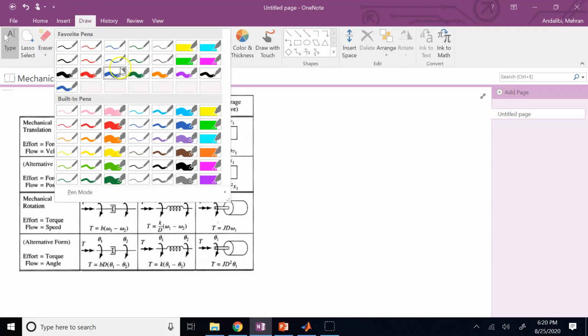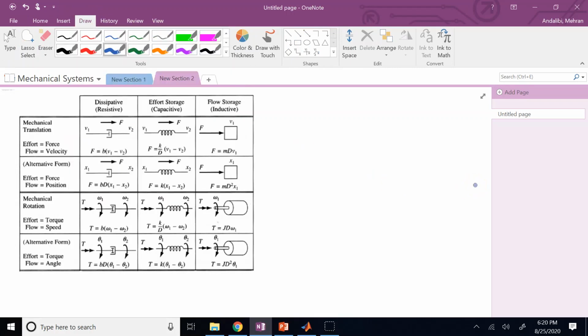Here, this is quite obvious. It's b times v1 minus v2. It's a linear damper. Then this one means force is equal to K times x1 minus x2. This one means force is equal to mass times acceleration.